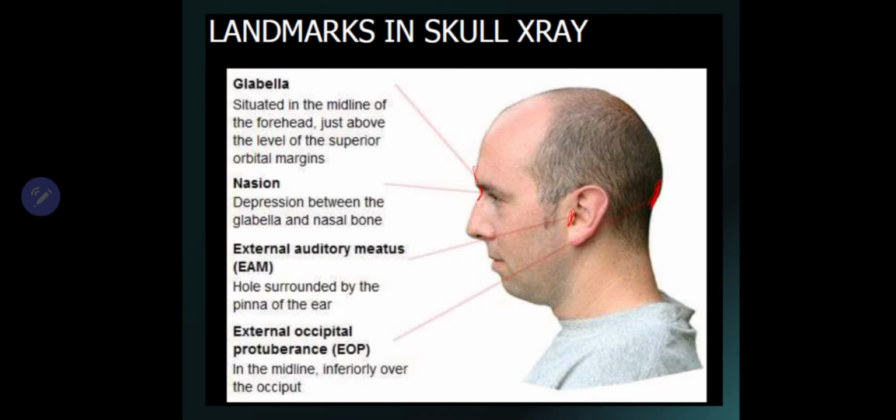Glabella is situated in the midline of the forehead, just above the level of the superior orbital margins. What is nasion? Nasion is the depression between the glabella and the nasal bone. External auditory meatus is the hole surrounded by the pinna of the ear. The external occipital protuberance is in the midline inferiorly over the occiput.